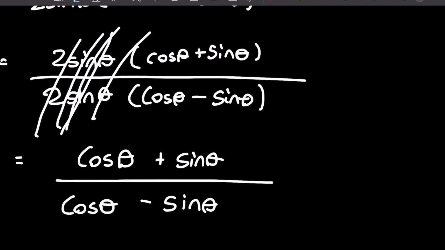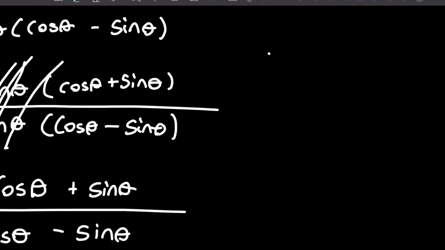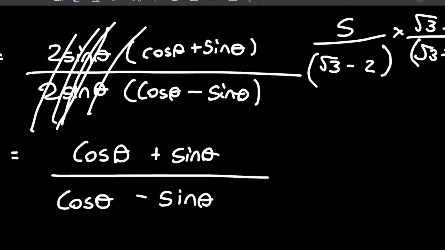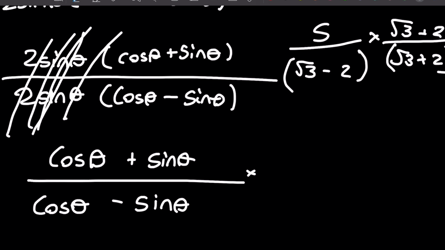So if you remember from logs, indices, and surds, if you have something like 5 over root 3 minus 2, you can multiply it by root 3 plus 2 over root 3 plus 2, because the denominator would be a difference of 2 squares. So in the same way here, we can just multiply this by cos theta plus sine theta over cos theta plus sine theta.